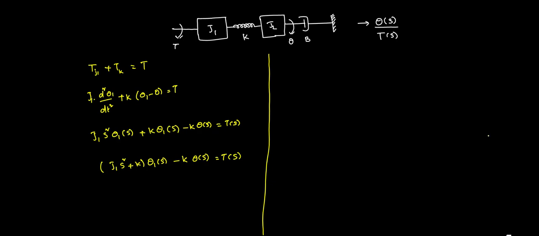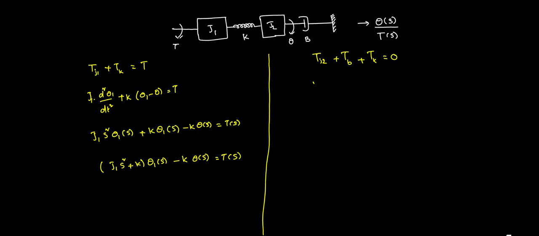Similarly, we should write the free body diagram for J2. What are the forces acting on J2? That is the torque due to J2, plus the torque due to the frictional coefficient B, and the torque due to the spring coefficient. There is no other element, so that is equal to 0.